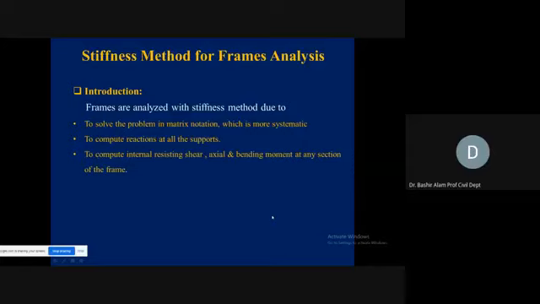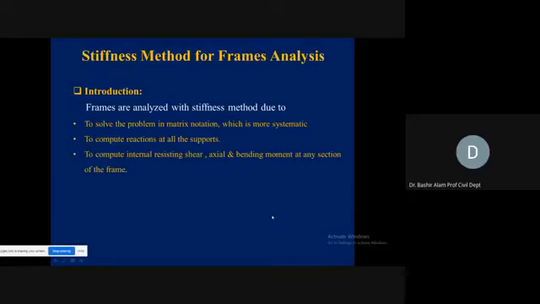Why is the stiffness method used? Because of three reasons. It is a systematic method. You can write your simultaneous equations, then you can put them in the standard matrix form. Matrices you can solve very easily with the help of computers.